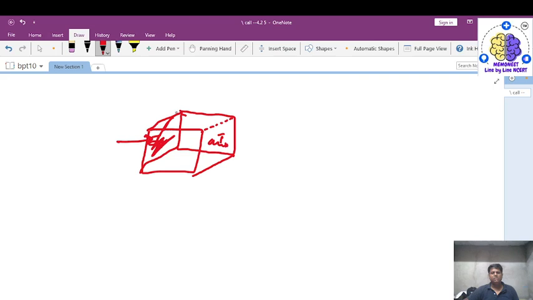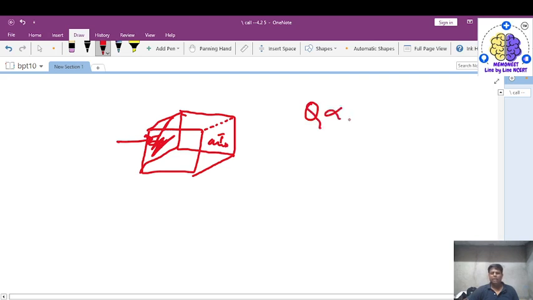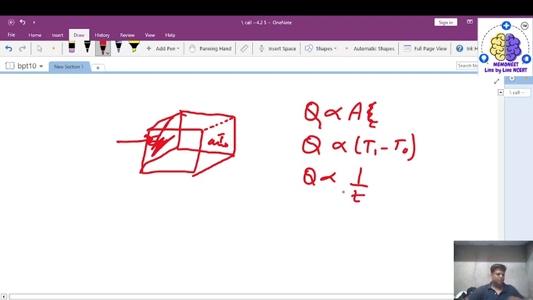This heat which is being supplied from one face to another will be directly proportional to the area of cross section, and this heat will be directly proportional to the difference in temperature, that is T1 minus T naught, and this Q will be inversely proportional to the distance x between the faces, right?